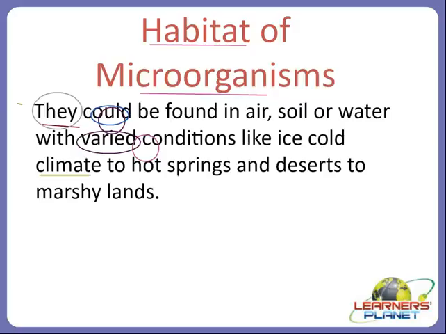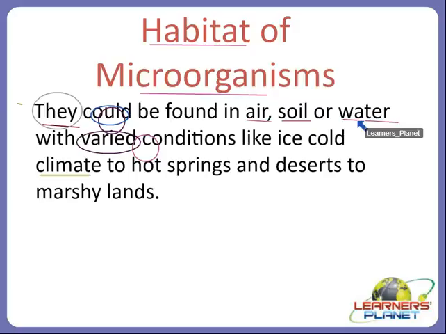Now, we said that these organisms are found everywhere. What do we mean by everywhere? This everywhere includes what all things? That is air, that is soil, and that is water. If we just count this particular air, soil and water, then definitely nothing is left in our surrounding.